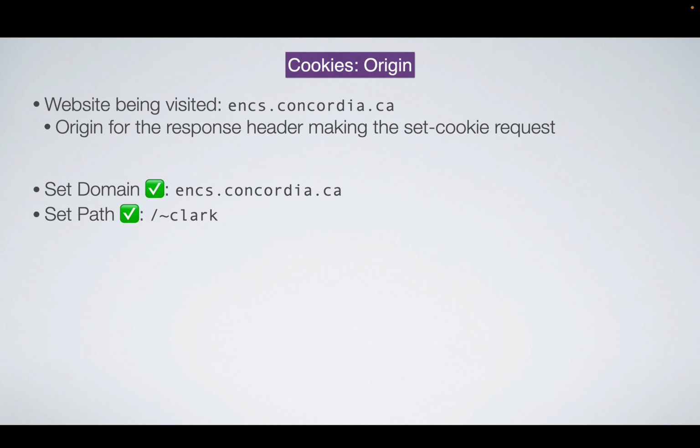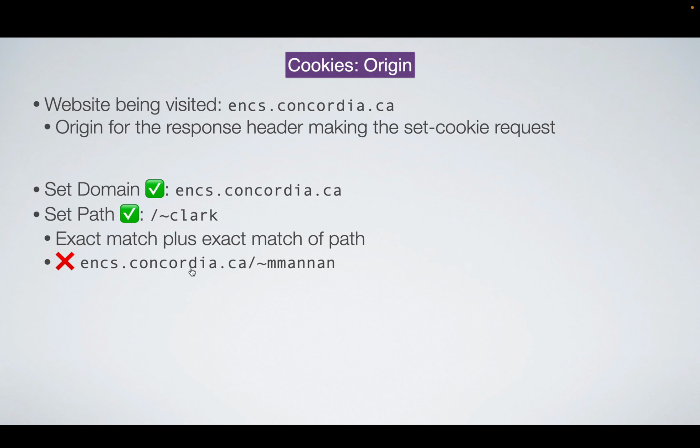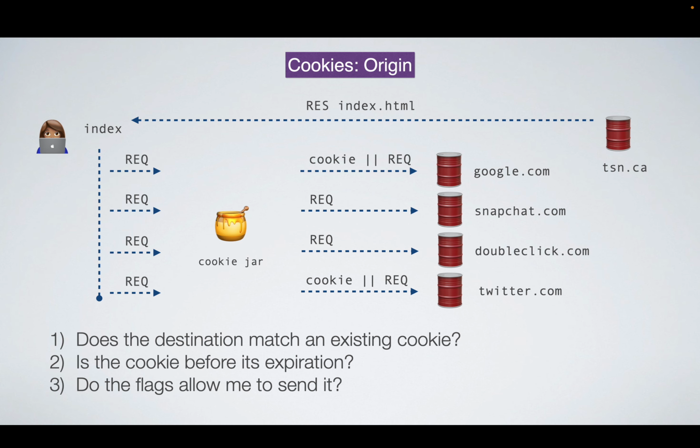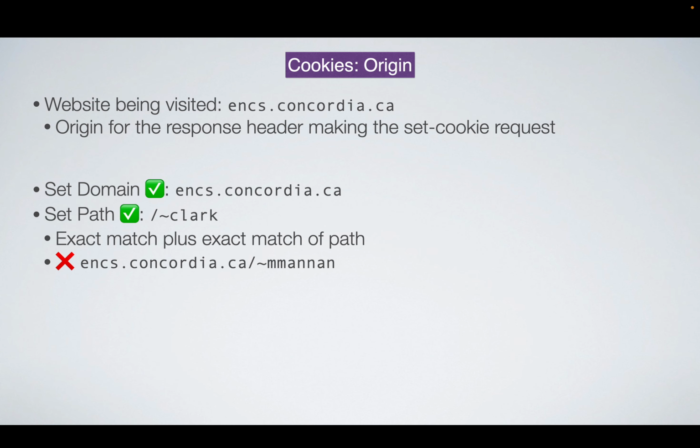Okay, then the other thing is there's this path field. So this is how it works. In a cookie, I could set the cookie to encs.ca. And then I could also set a path like /tilde-clark. Okay. Then if you go to encs.concordia.ca/mmanon, this cookie will not get sent.